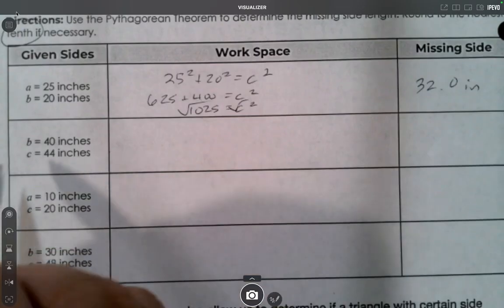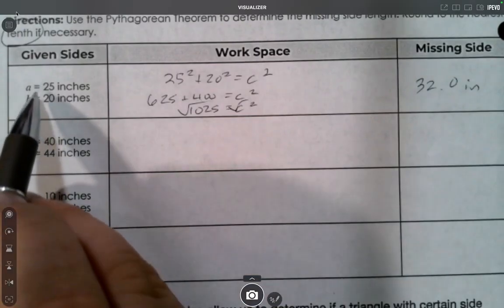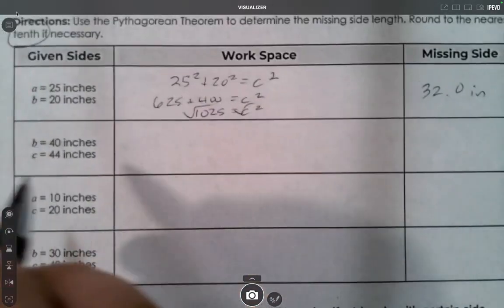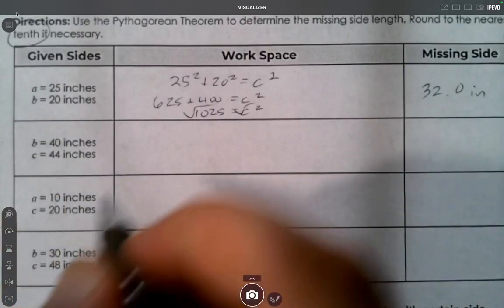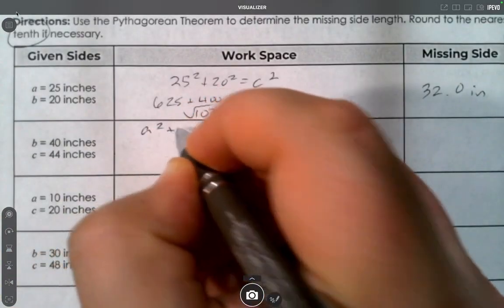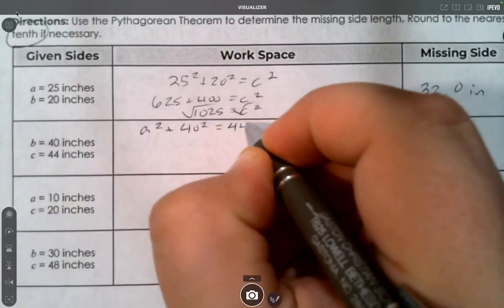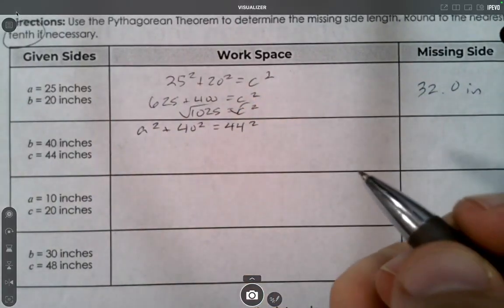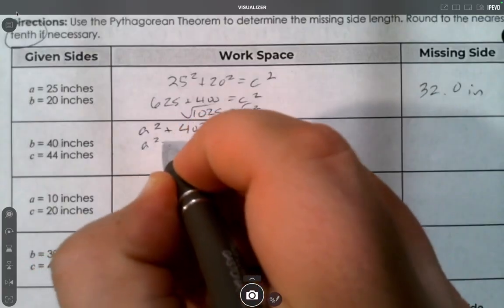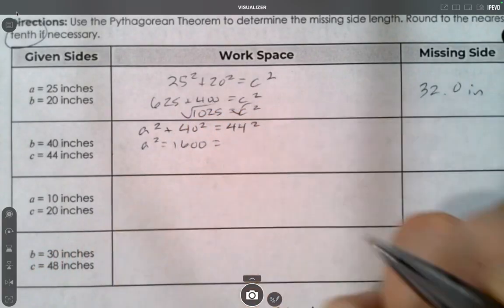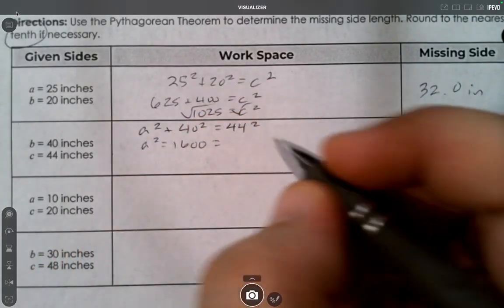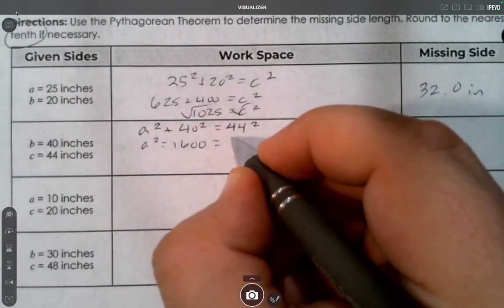Okay, so in that one we were finding the hypotenuse, that's why I plugged in for A and B and solved. This one will be solving for a side, because they did not tell us A, but they did tell us B, and they did tell us C. So 40 squared is 1600. You can of course do all this in your calculator. 44 squared is 1936.